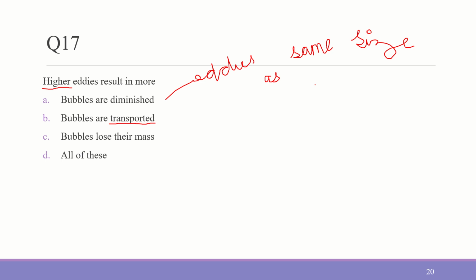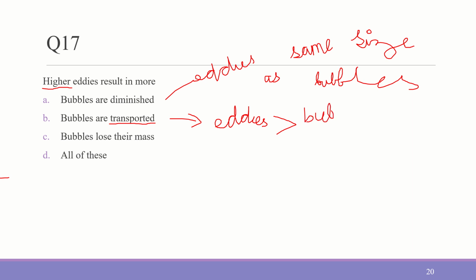Eddies larger than bubbles. So answer is option B. Bubbles are transported.